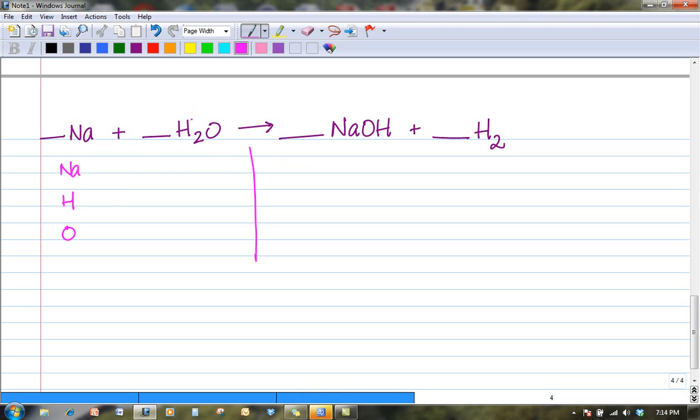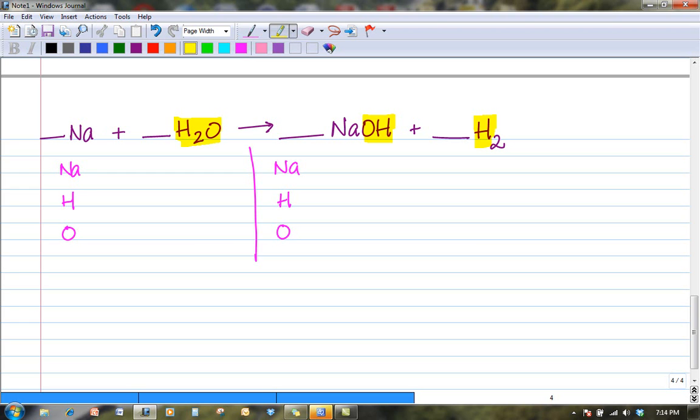So we have sodium, hydrogen, and oxygen. And then if you look over here, we also have sodium, hydrogen, and oxygen. But this one is a little bit different. On one side, we have H2O. And on the other side, we have hydrogen and hydroxide.